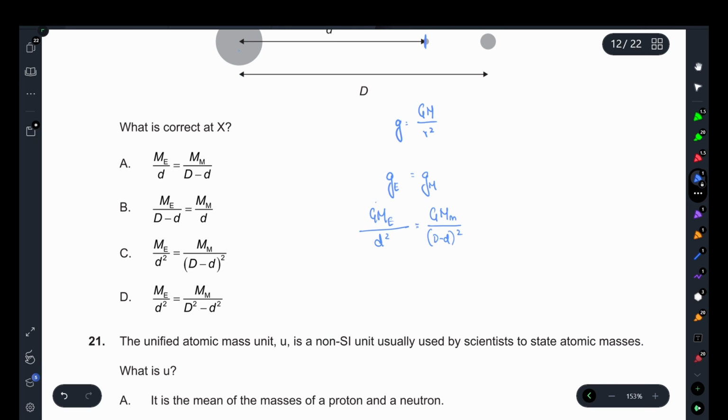Now at X, when we cancel, we get M Earth by d squared. So this one, not these two, (D minus d) whole squared, not this one either. Question number 20, option C is the correct answer.